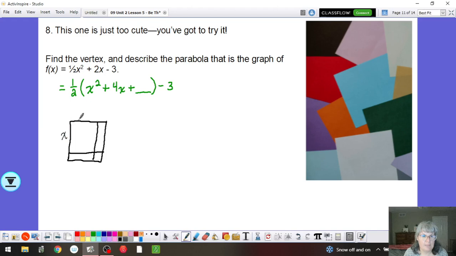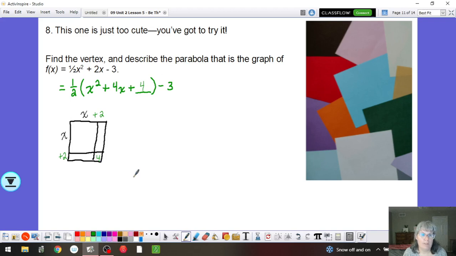So we've got x and x. 4x is going to be split up as 2x, so plus 2 plus 2. So our units here are 4. But keep in mind, we have 1/2 of 4 is 2.